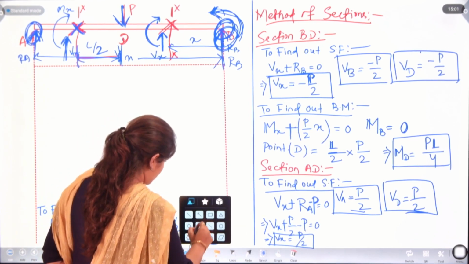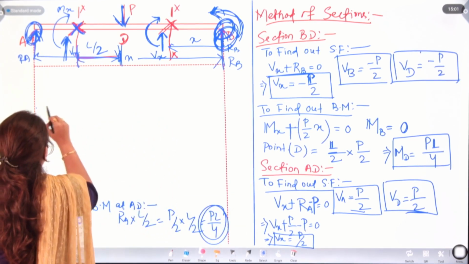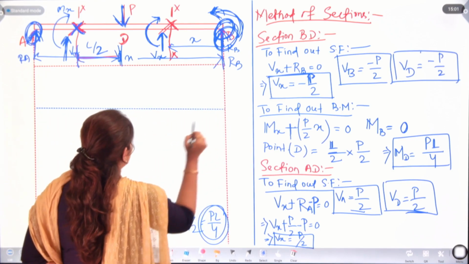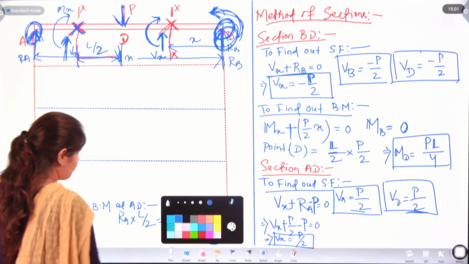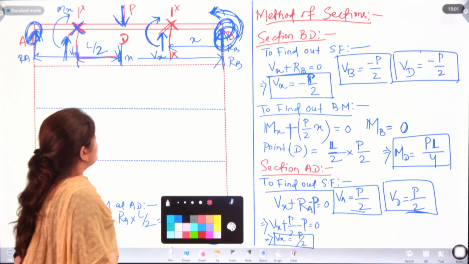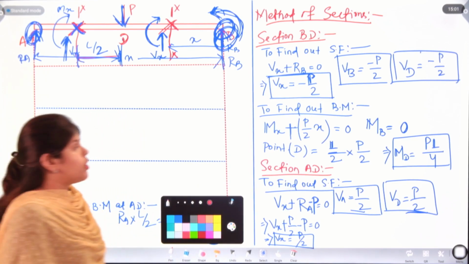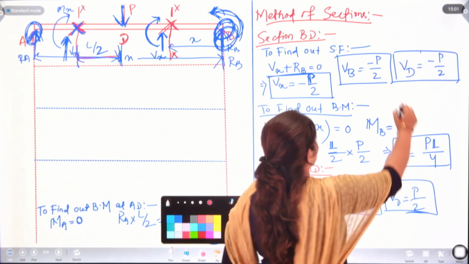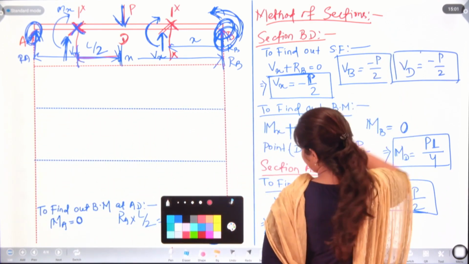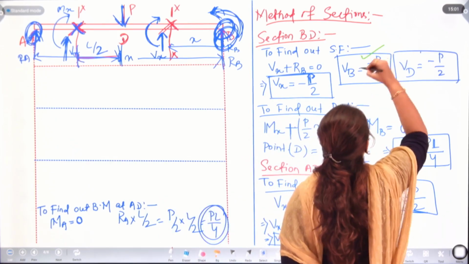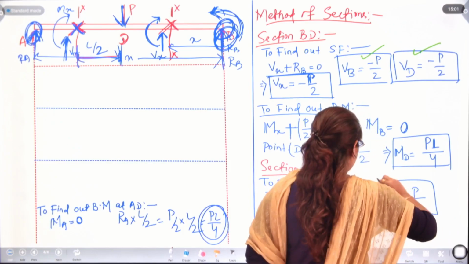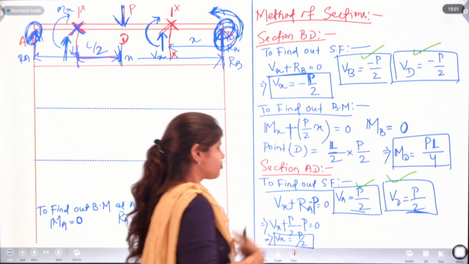So next, to draw SFD and BMD, we are having VB here, BD, and VA and BD also here.